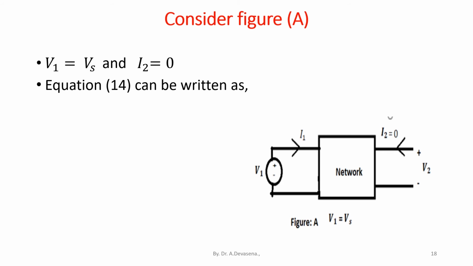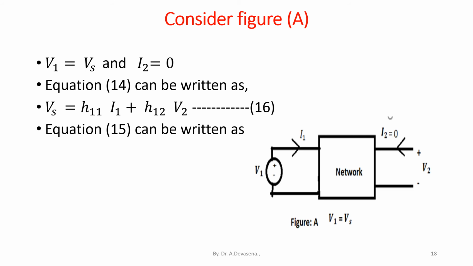Therefore, equation 14 can be written as Vs is equal to h11 I1 plus h12 V2. Consider this as equation 16, because here we have substituted V1 equal to Vs. And equation 15 can be written as 0 is equal to h21 I1 plus h22 V2, because we have considered I2 as 0.